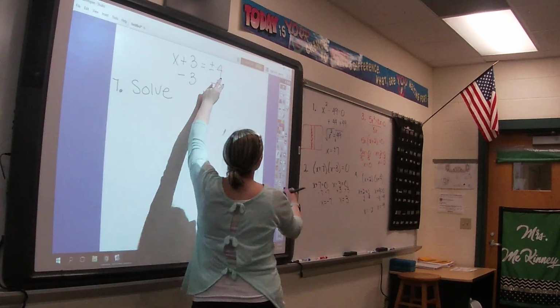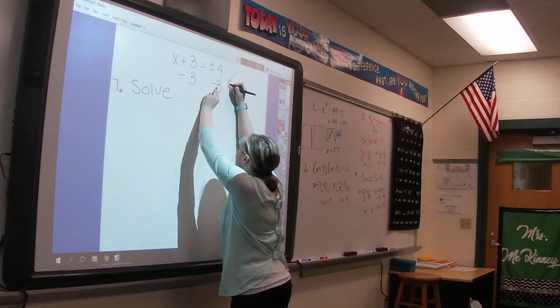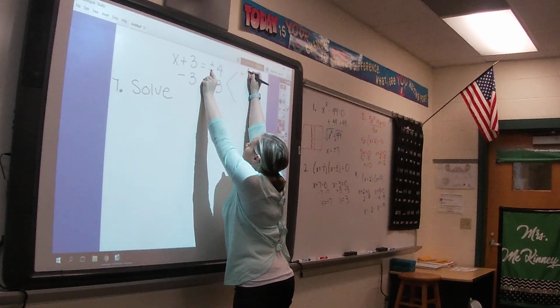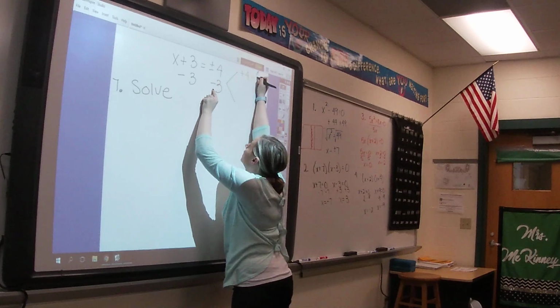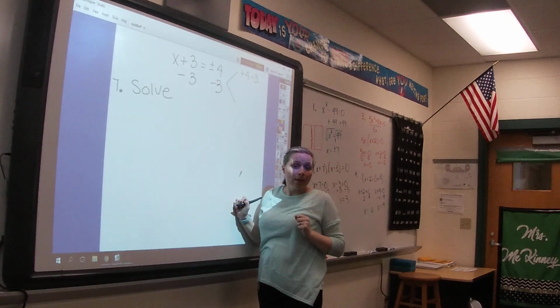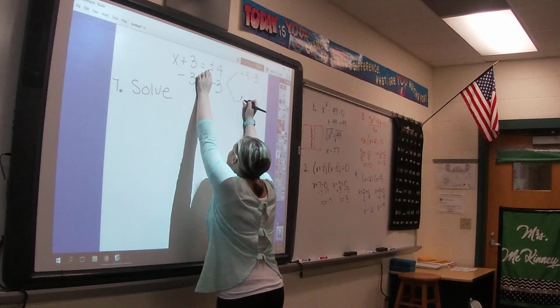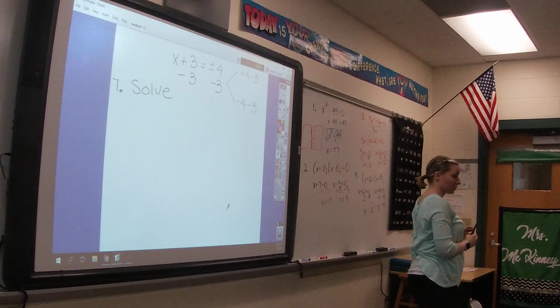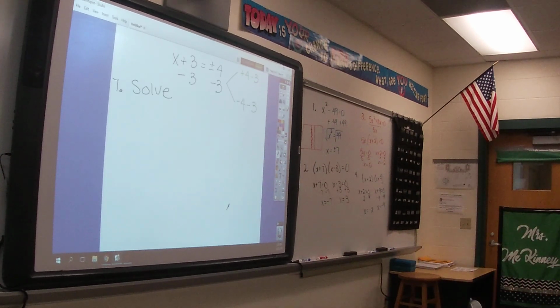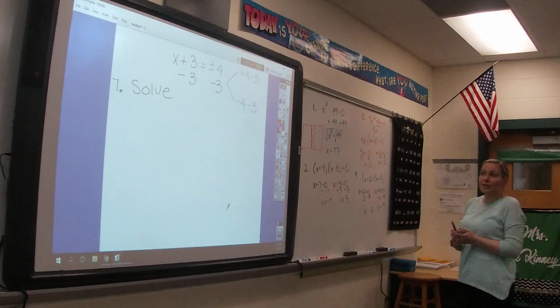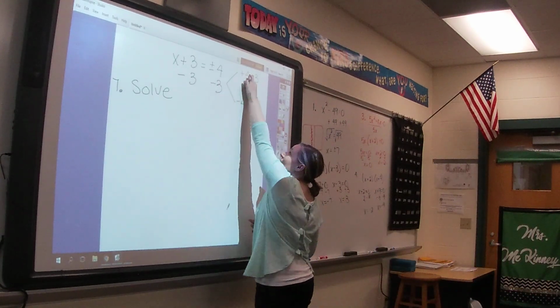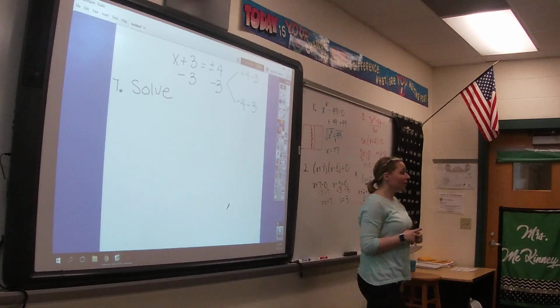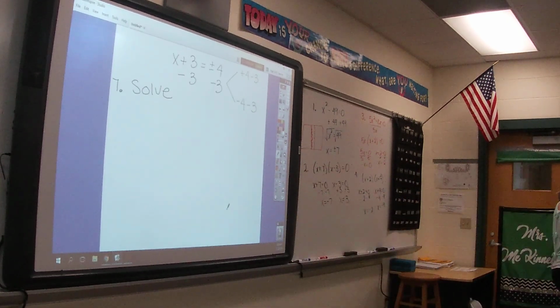Which means this is giving us 2 options that we need to consider. We need to consider positive 4 minus 3, and we need to consider negative 4 minus 3. Do not change the sign of the inverse operation. This 3 stays as subtracting 3. The 4 had 2 signs in front of it, so we have to consider both situations.